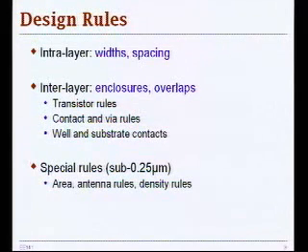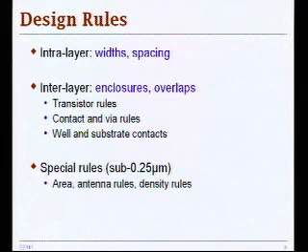You have intra-layer design rules that are basically widths and spacings of objects on the same layer. And then you have more complicated rules that are interlayer rules that basically specify enclosures and overlaps. And these can be classified into three main categories. So you have transistor rules, the way you build your transistors.